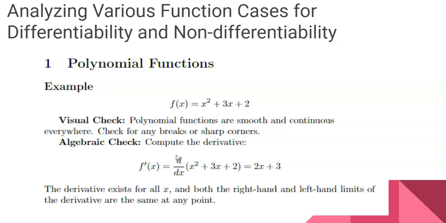In another series, we will walk through how to compute the derivative of a function without using the limit definition. Using differentiation rules or the differentiation formulas, the derivative of x squared plus 3x plus 2 is equal to 2x plus 3.